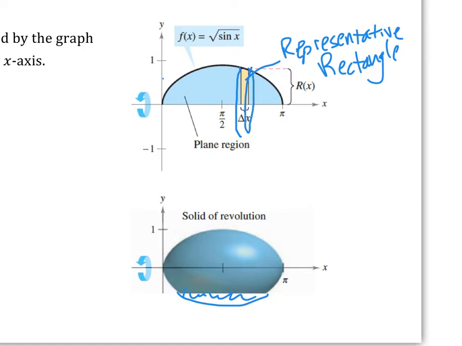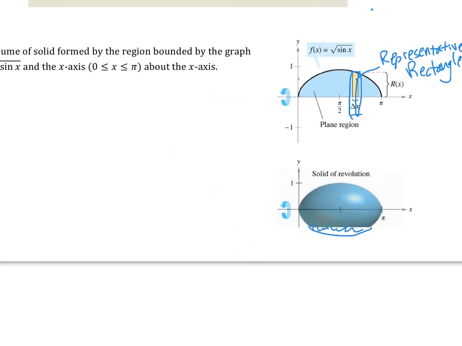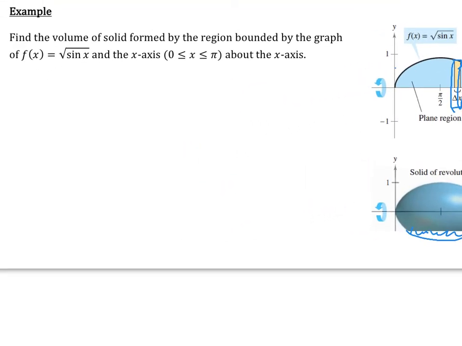And so we're just going to have a whole bunch of disks. So let's get to our integral. Our volume is going to be pi times radius squared, or in this case, the sum of a whole bunch of radius squareds. And the radius is determined by the function.